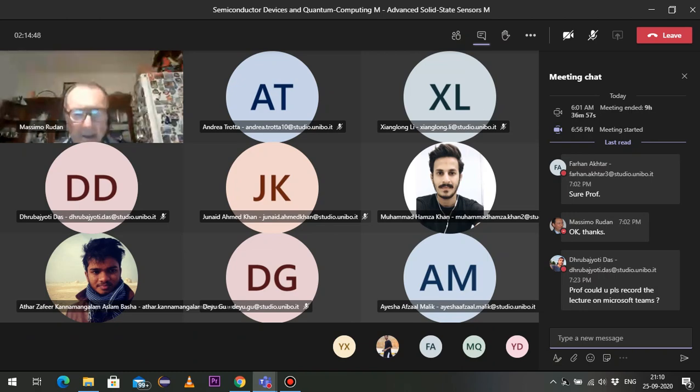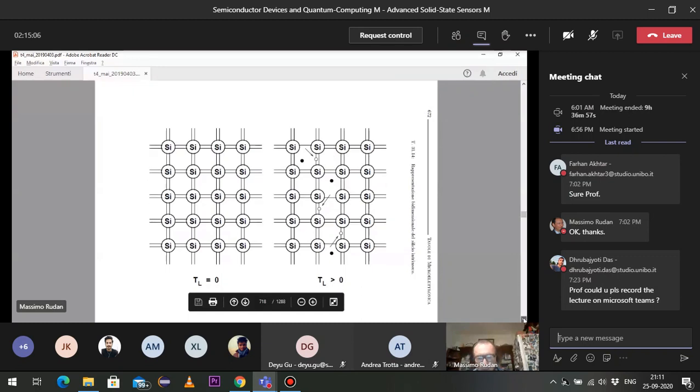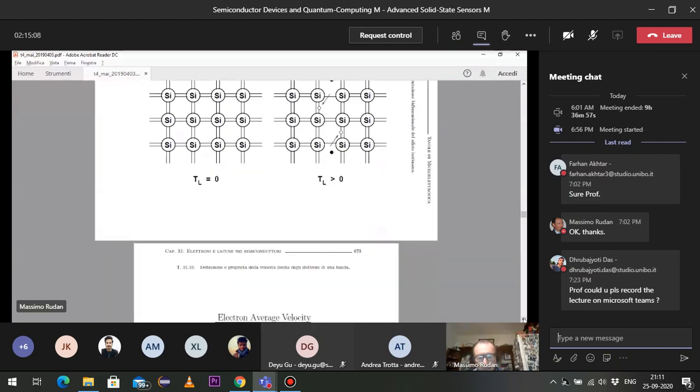We were discussing the same thing using an approximate space description of the silicon crystal, in which we are using a two-dimensional representation, which is non-realistic but very useful, actually. We were talking about currents.